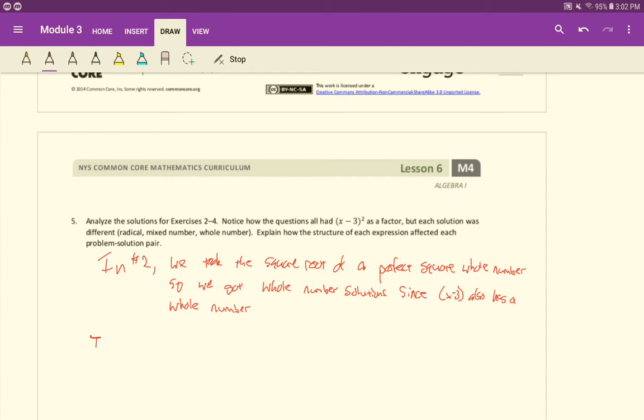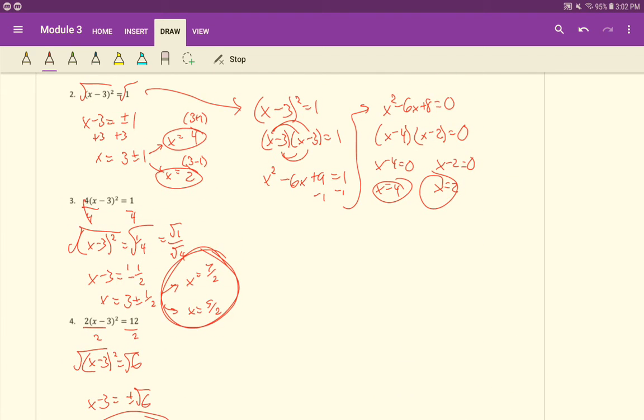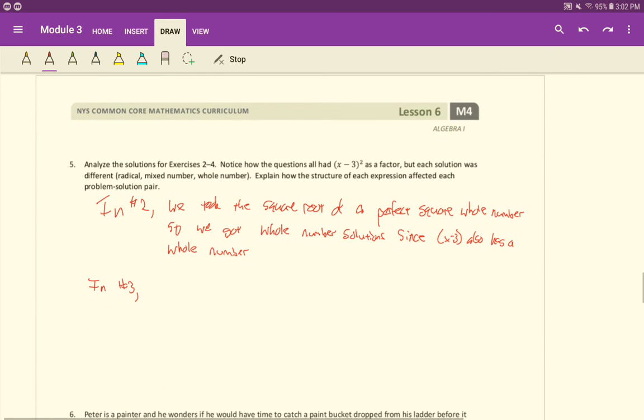Okay, in number 3 though, what did we get for our answer? In number 3 we got fractions, rational numbers as our answer. Why? Well, if you look right here, the square root of 1/4 was also rational. So after taking the square root, our answer was rational.